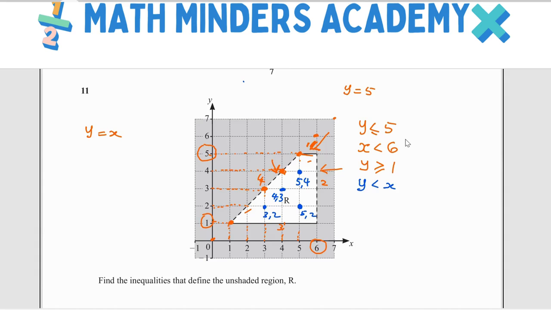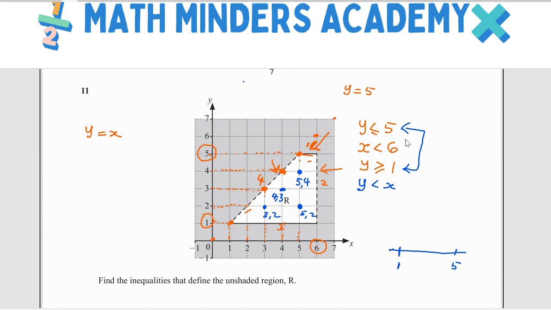Okay. Now, if we look at this inequality here and this one, we can combine these two. This is 1 and this is 5.